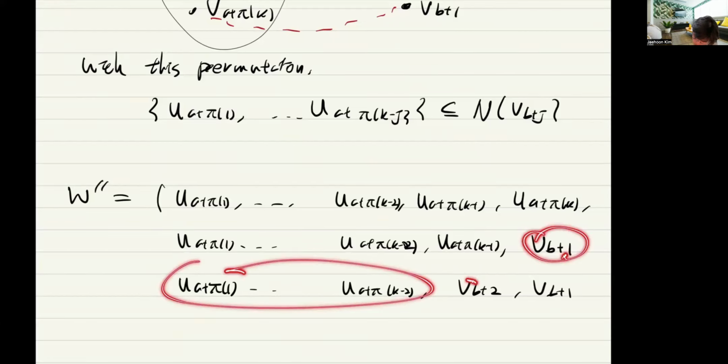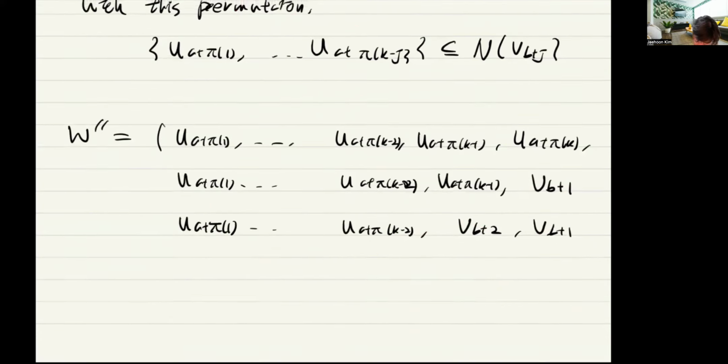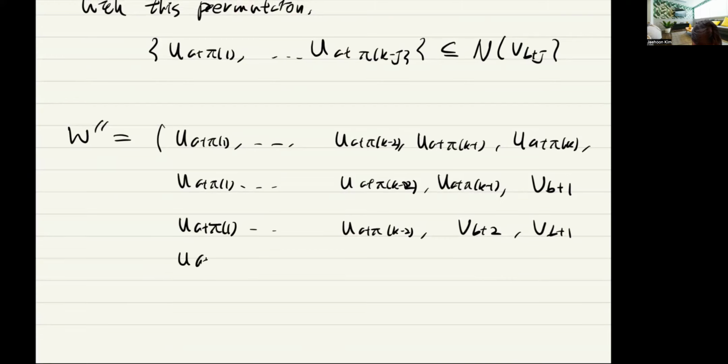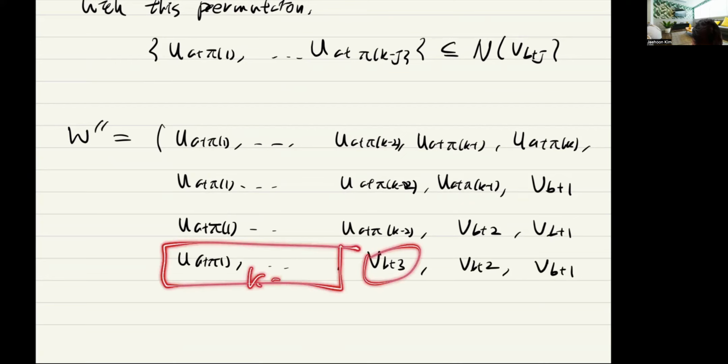So it's okay. And then this one is again adjacent to this and then everything before. And now you repeat this to V_{B+3}, V_{B+2}, V_{B+1}. Again, this one is adjacent to all these k minus 3 things, as well as these 2.